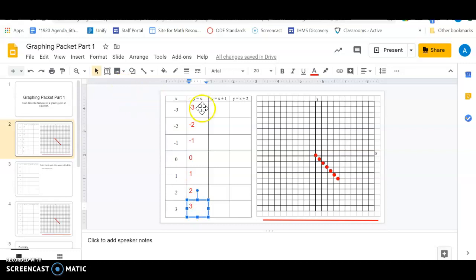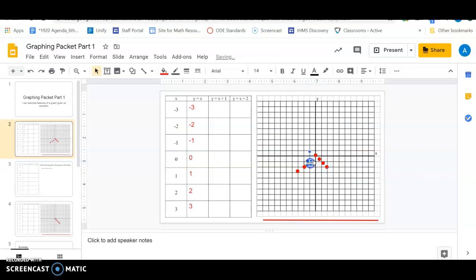Okay, so now I'm going to plot these points. My first coordinate is -3, my second coordinate is -3. So I'm going to grab one of these points here, and I'm going to graph -3, -3, and drop the point. I'm going to do the same thing with -2, -2, -1, -1.